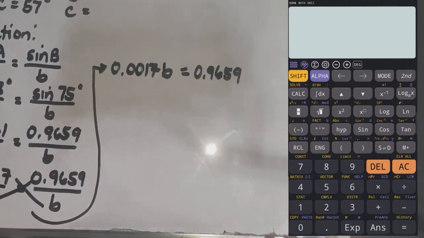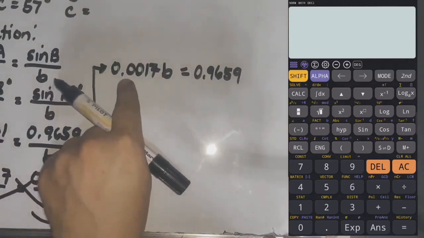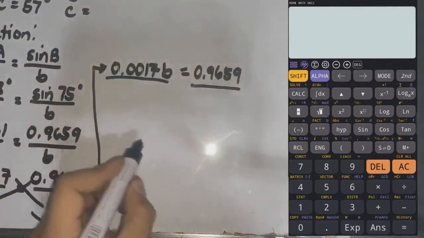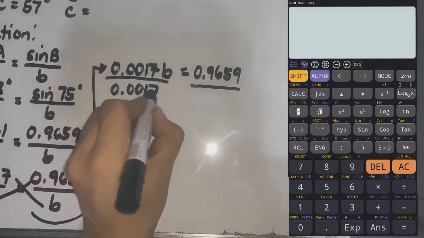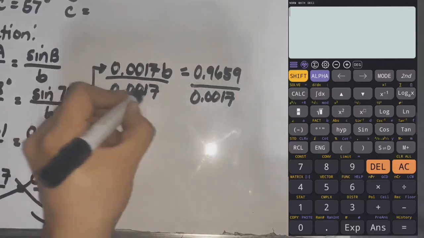Then, ano ba yung hinahanap nating value? B. May kasama siyang number, 0.0017. Divide both sides by the number beside B. So, 0.0017 on both sides. So, cancel.